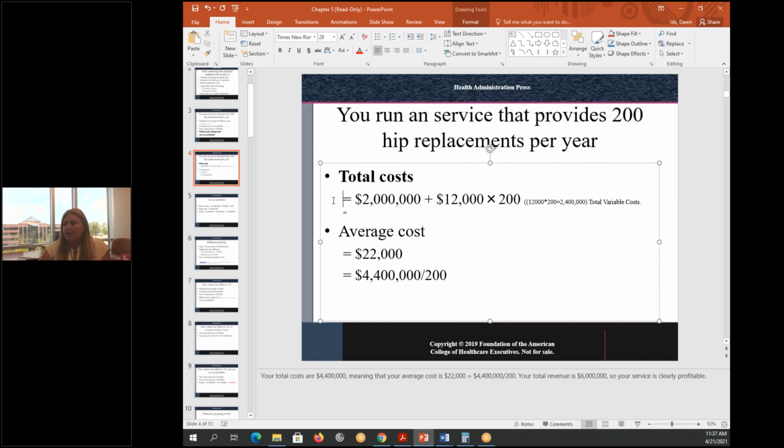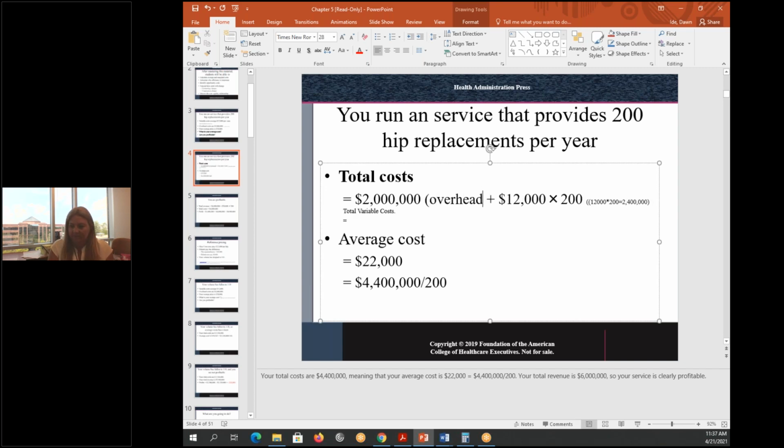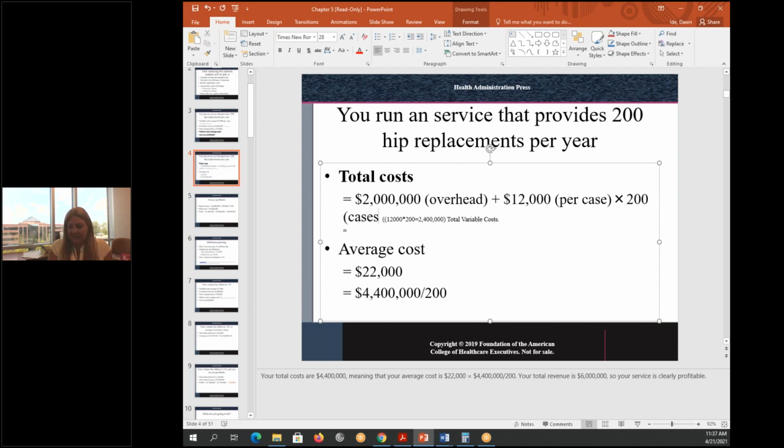So how did we get that? This $2 million, again, we ask ourselves, what was the $2 million? The $2 million was overhead, which is a cost. So $2 million in overhead plus the variable cost, which was 12,000 per case and 200 cases. Again, what did we have to do? We had to take the $12,000 and times it by 200 to get 2,400,000, because that's your total variable cost.